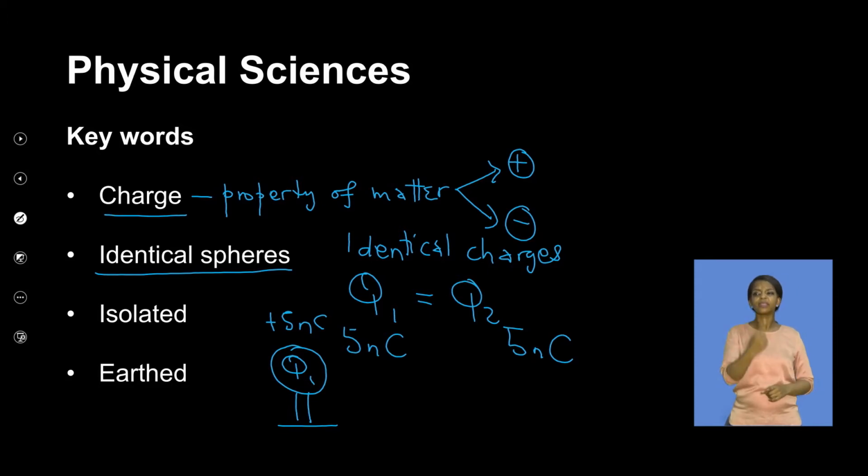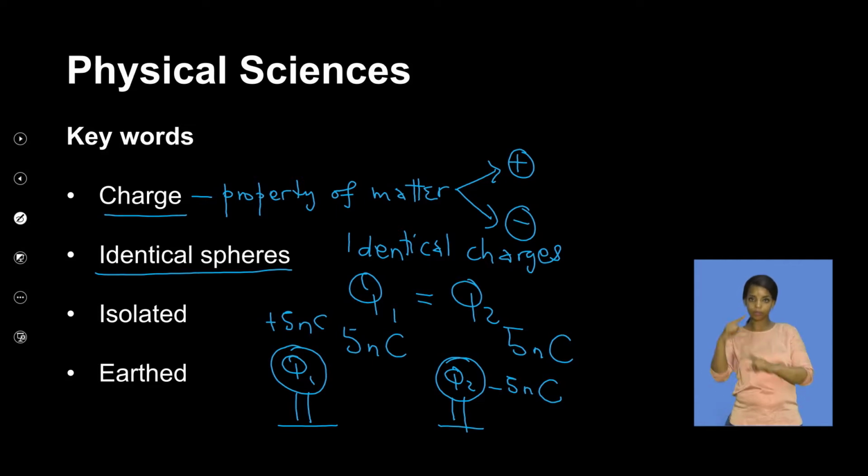And then if we say, for argument's sake, we've got another one, we call it Q2, and let's say it's negative 5 nanocoulombs. What does that mean? It means that on this sphere, there is an excess of negative charges, which are the electrons, whose magnitude is negative 5 nanocoulombs. It says that electrons were added to Q2 to create this charge Q2, while electrons were removed from Q1 to create that charge of positive 5 nanocoulombs.